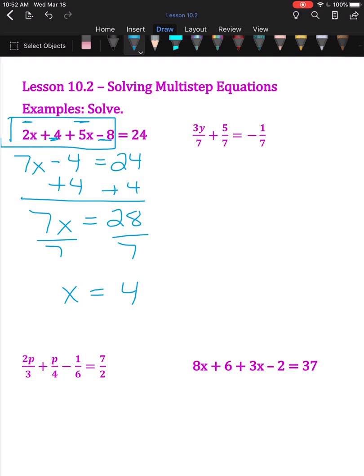Every fraction here has a denominator of 7, which means if I take the entire equation, yes, all of it, and multiply everything by 7, I'll just cancel out the denominators. 3y sevenths times 7 is just 3y. 5 sevenths times 7 is 5, and -1/7 times 7 is -1.